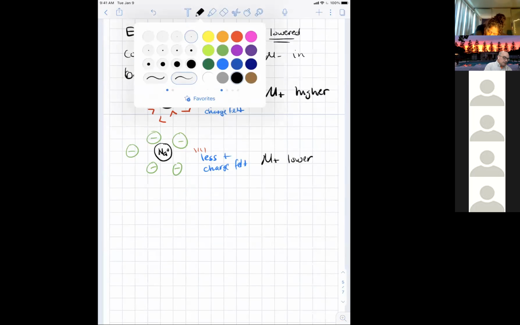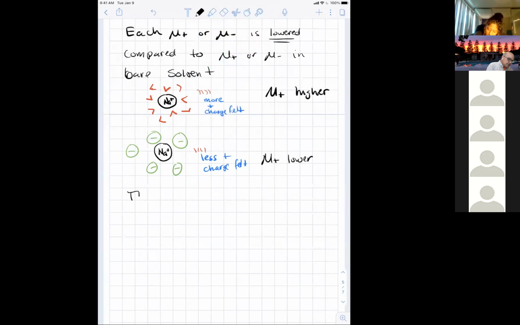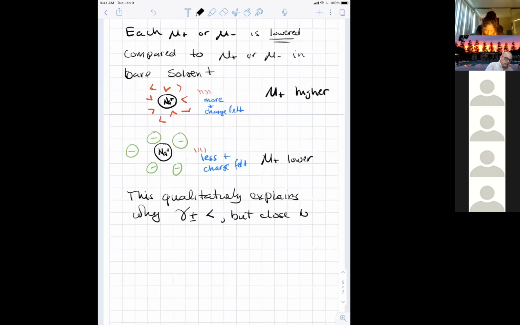So this qualitatively explains why the mean ionic activity coefficient is less than, but close to 1 in electrolyte solutions.